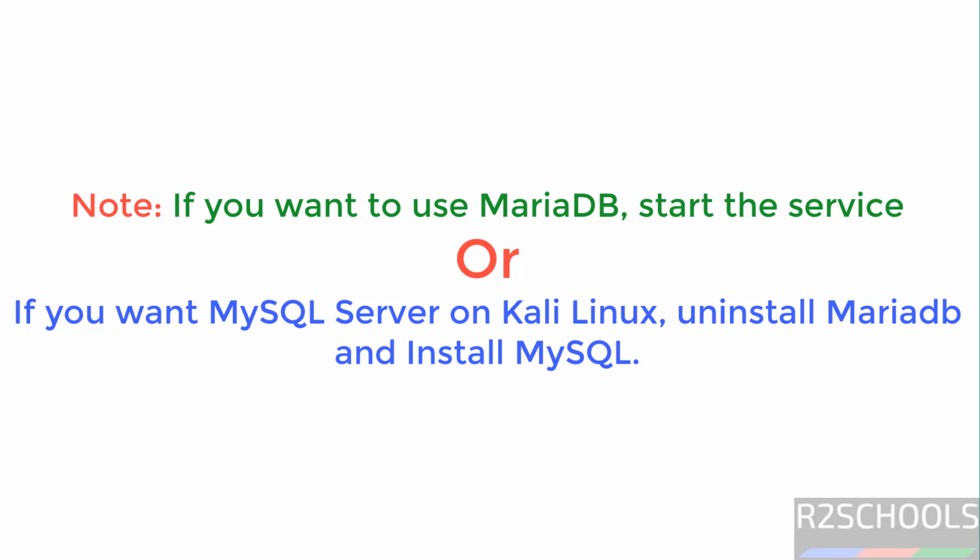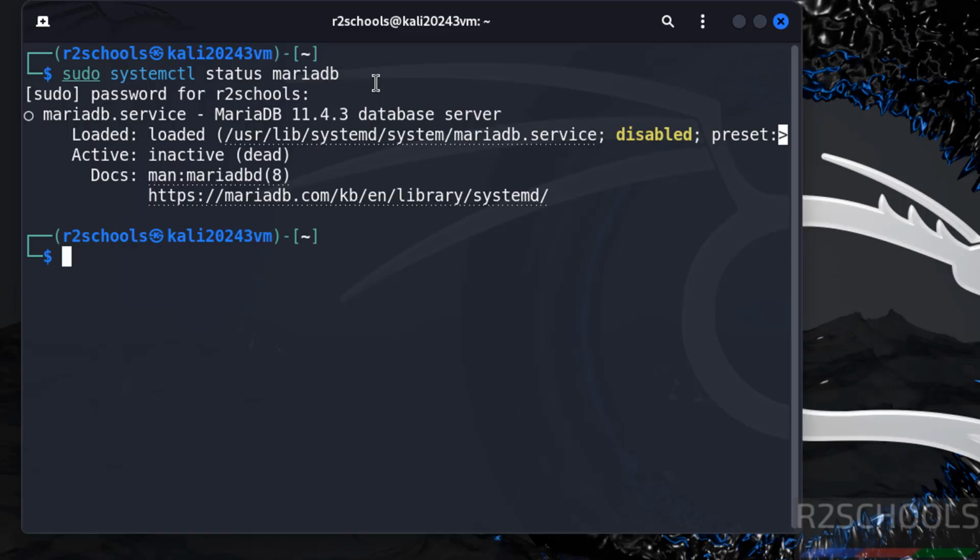Before uninstalling, think twice and take the proper approval. So now I am going to uninstall MariaDB and install the latest version of MySQL. sudo apt remove mariadb-*. Okay, hit enter.